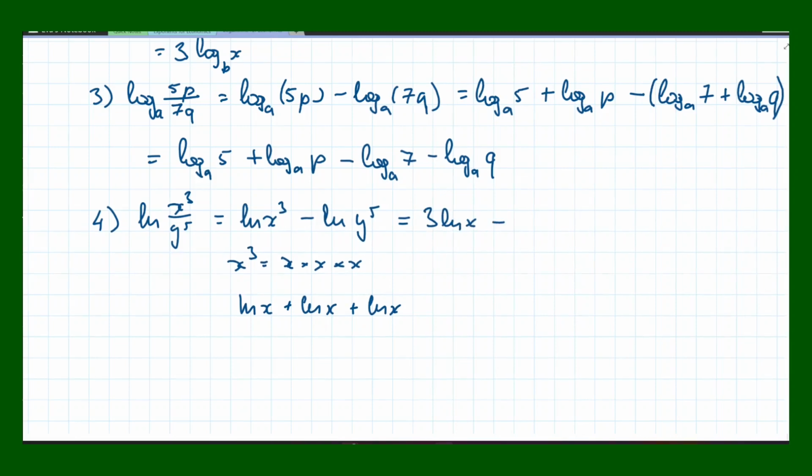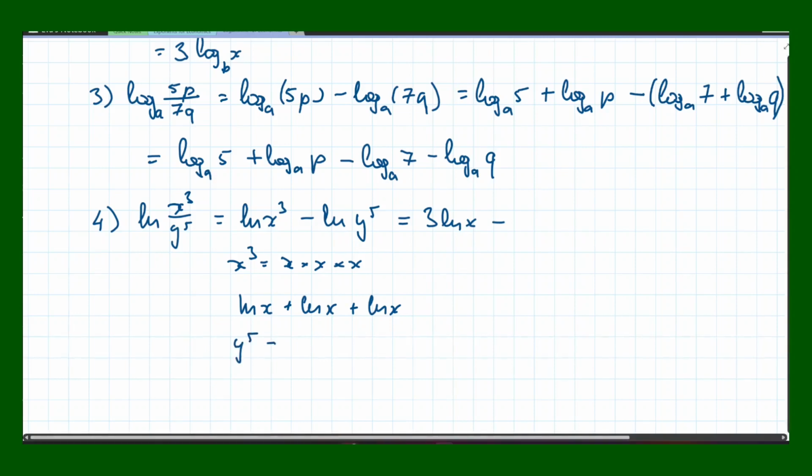Now, what's going on with ln y to the 5th? Well, y to the 5th is equal to y times y times y times y times y. Phew, thank God for the exponent notation. But again, I can apply the addition log rules repeatedly.